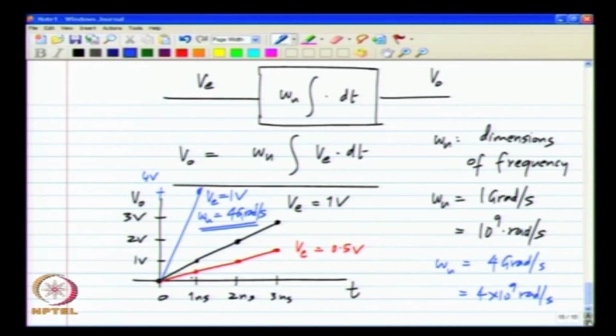Now, with this we will put this integrator into our system and then see how it behaves.